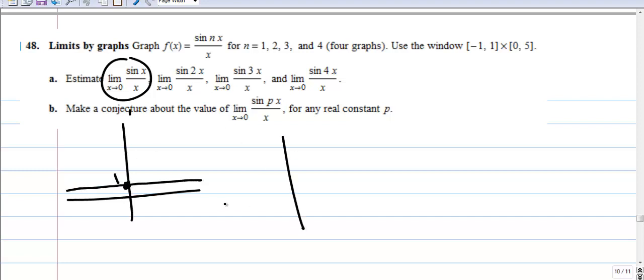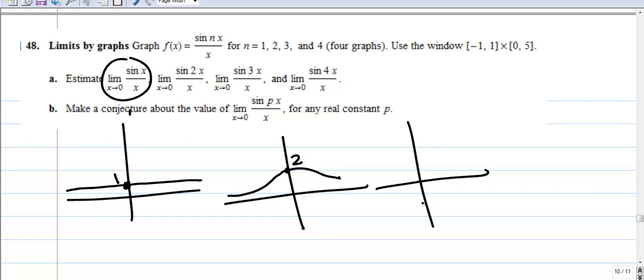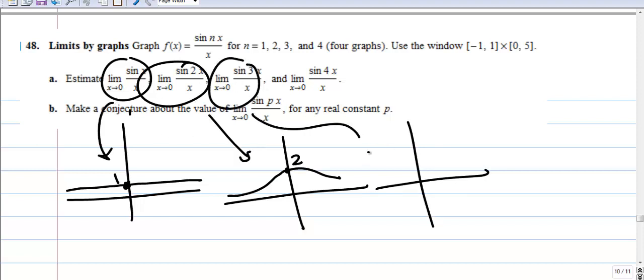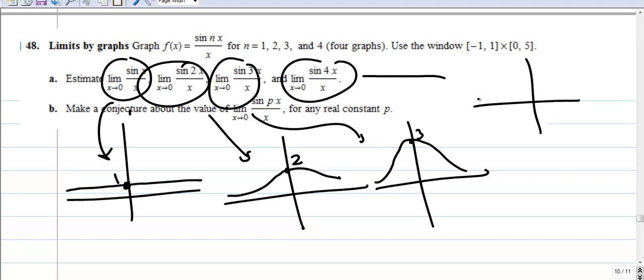And then if you graph the other one, it kind of humps up at 2. And then the next graph kind of humps up here at 3. And then this graph, guess what? Has a hump at 4.